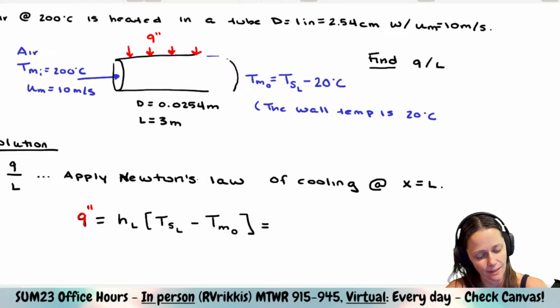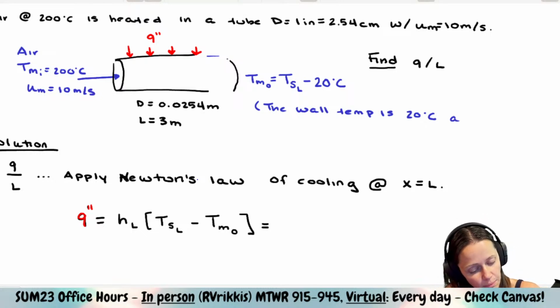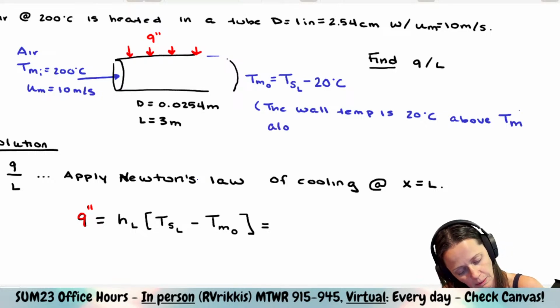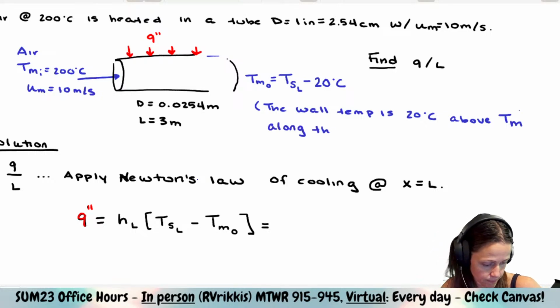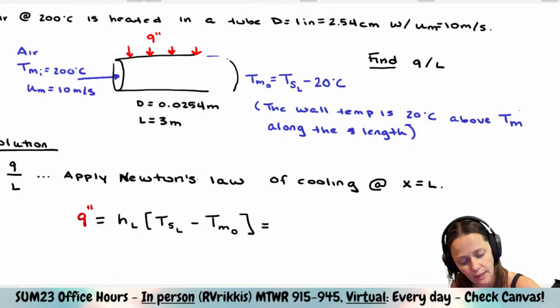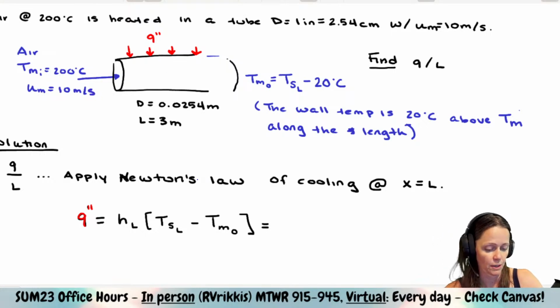So 20 degrees above the mean temperature wherever along the length of the pipe. So the wall temperature is 20 degrees higher right here than the fluid is right there, and also at X equals L.